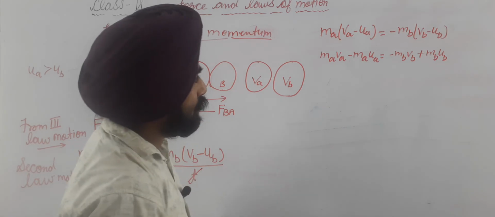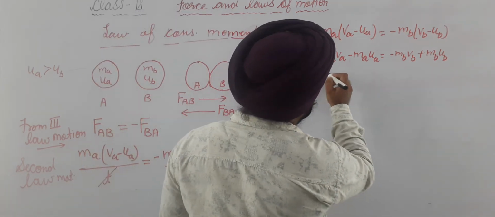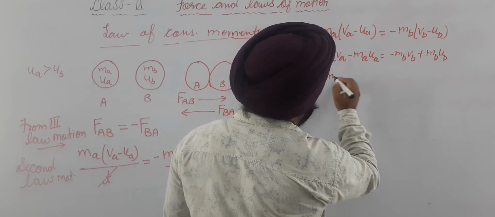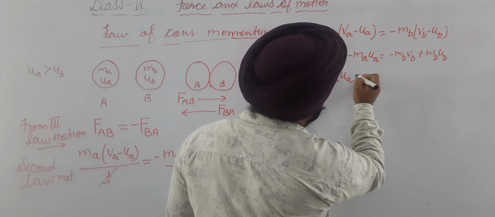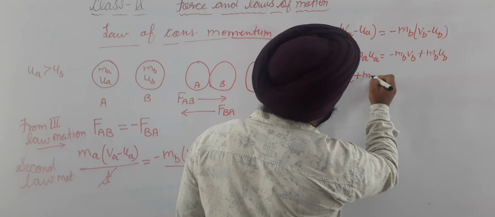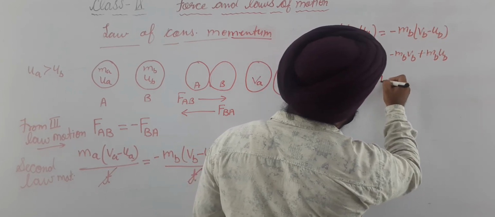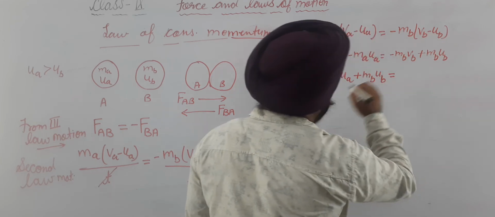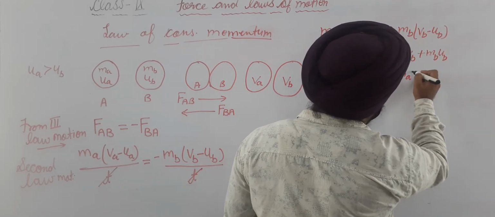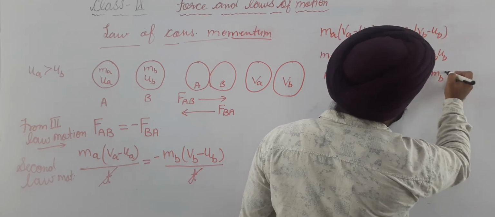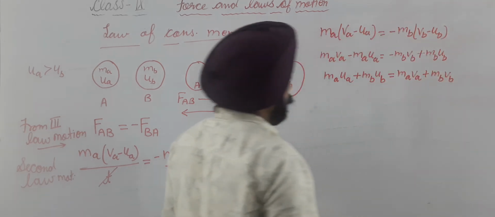After simplifying more, we can write MAUA plus MBUB equals MAVA plus MBVB.